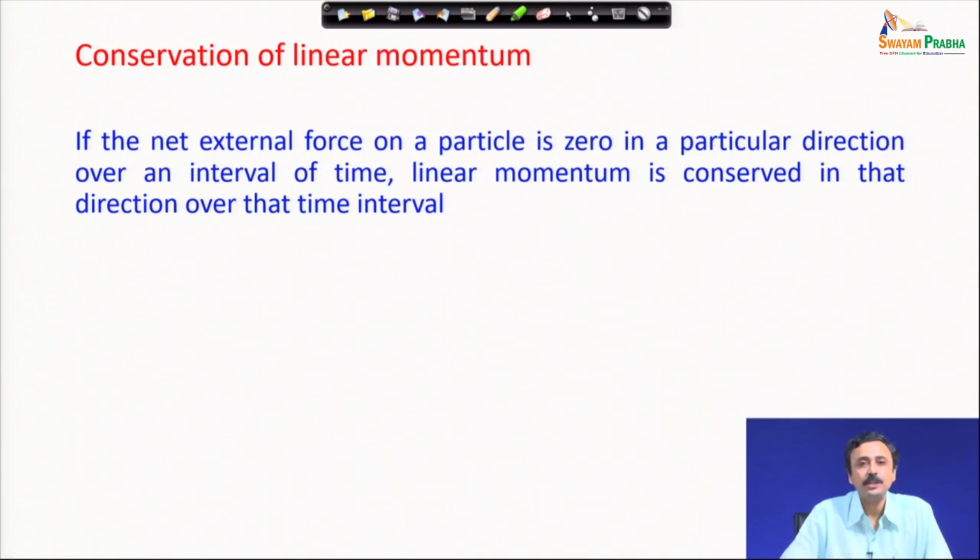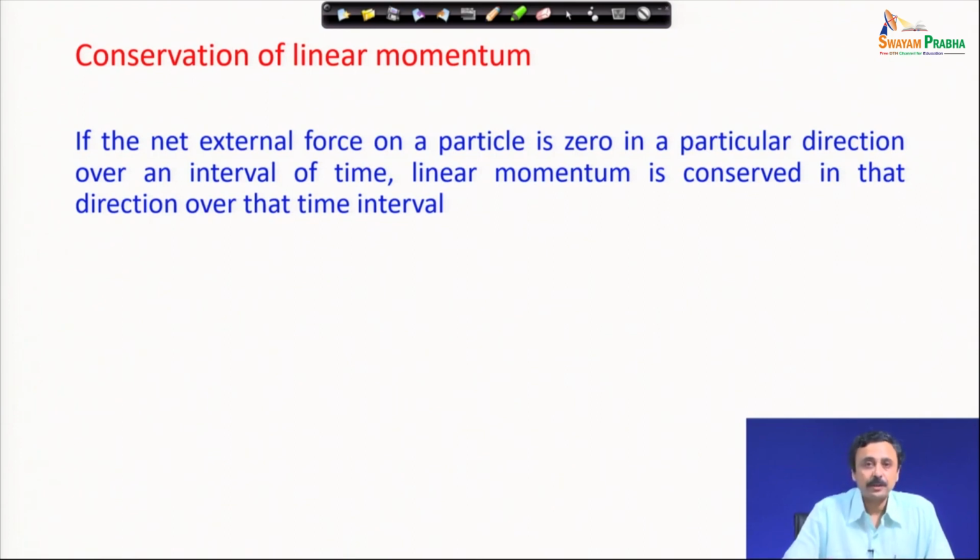Therefore, conservation of linear momentum: if the net external force on a particle is 0 in a particular direction over an interval of time, this is for a finite time interval, then linear momentum is conserved in that direction over the time interval. This is for an arbitrary time interval.